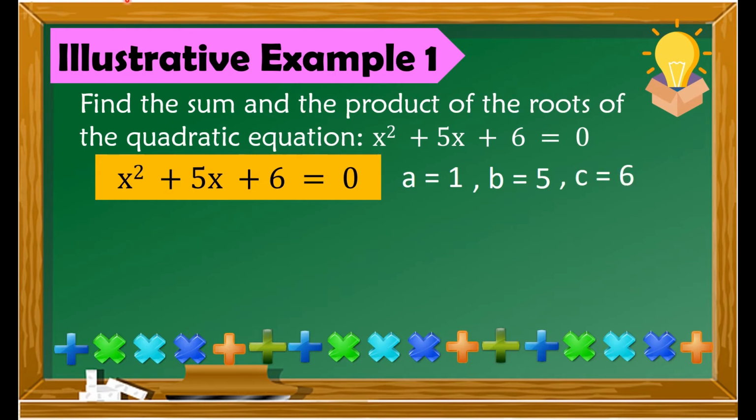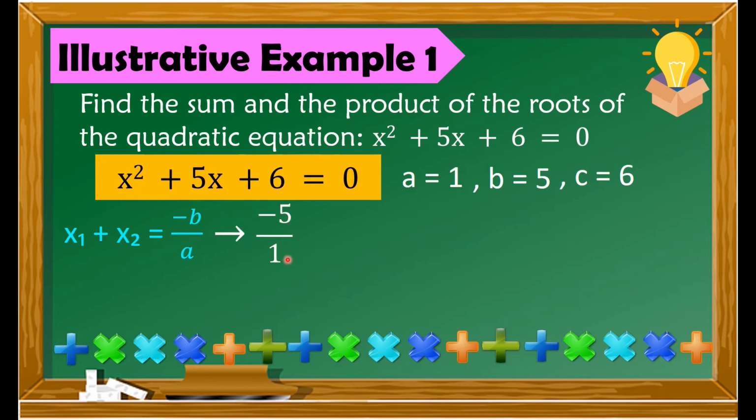Okay. Now, after identifying the values of A, B, and C, we can substitute it to the formula of getting the sum and product of the roots. So, to find the sum, we have here x sub 1 plus x sub 2. That is the sum. That is equal to negative b over a. Now, we can substitute. The value for b is positive 5. Therefore, you have here negative 5 over 1.